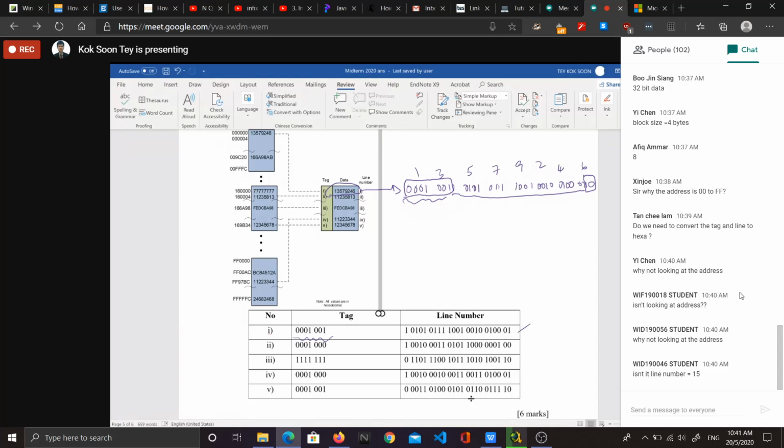Correct, so this answer here should be wrong. Okay, we will do again here. So the first one should be 0, 0. Here is all 0, right? I looked at the data just now. But the way you do it is the same. Just refer to the address.